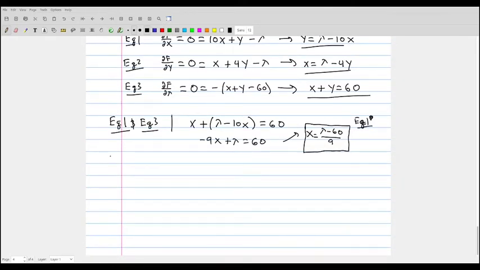In a similar manner, we can go through and combine equation 2 and equation 3.